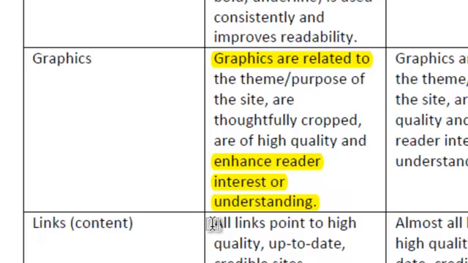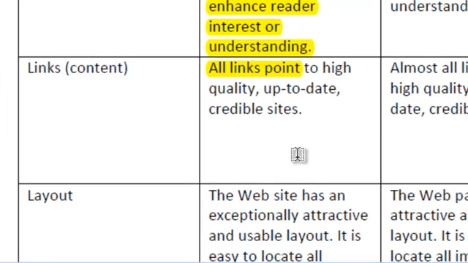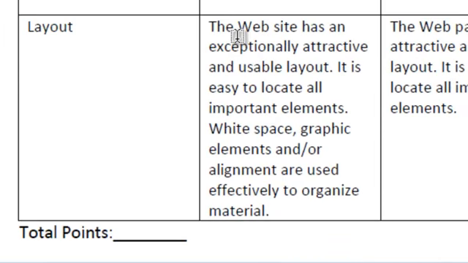Links, you have to have at least one link to a website related to your topic. So if you're doing shoes, maybe you'd have a link to the Vans website, or if you're doing some sort of sporting goods, maybe you'd have a link to Dick's Sporting Goods. If you're doing music, maybe you have a link to a band. And layout is exceptionally attractive, has a usable layout.